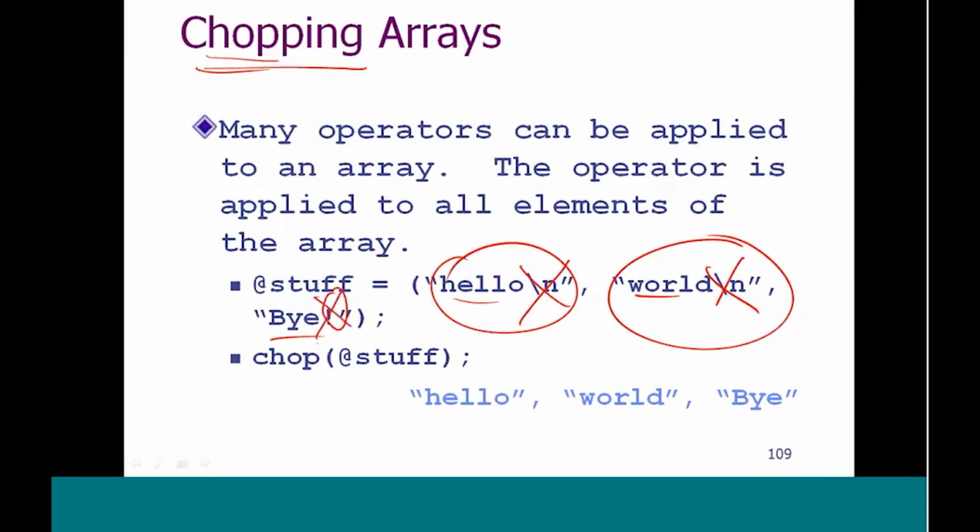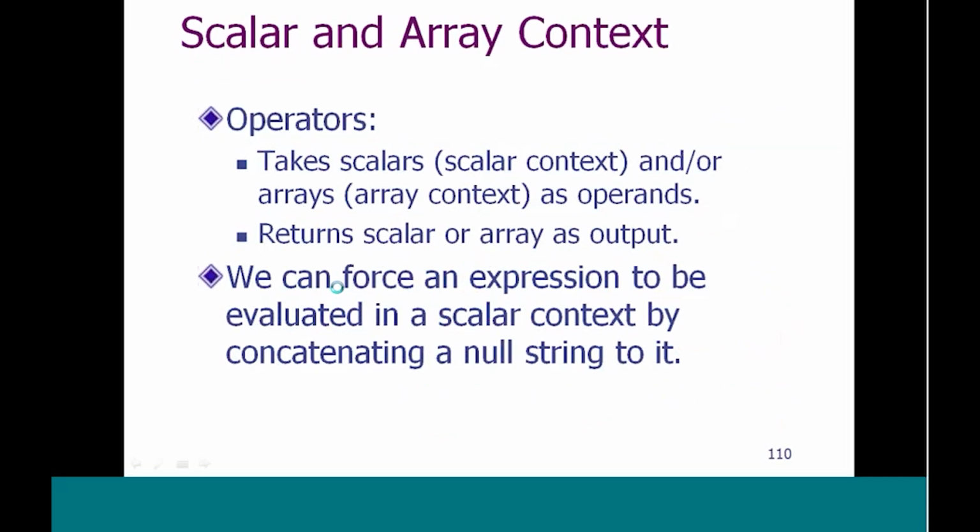So from here the exclamation mark is removed, so we only get by. So if you do a chop $stuff, this is what we'll get. We'll get the hello, we'll get the world, and then we'll get the by. You won't get the new lines from the first two, and the exclamation character from the next one.